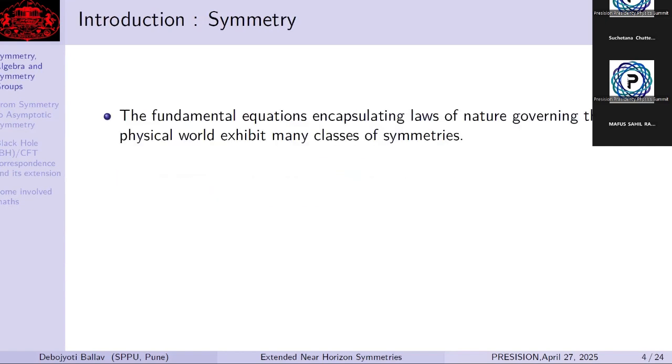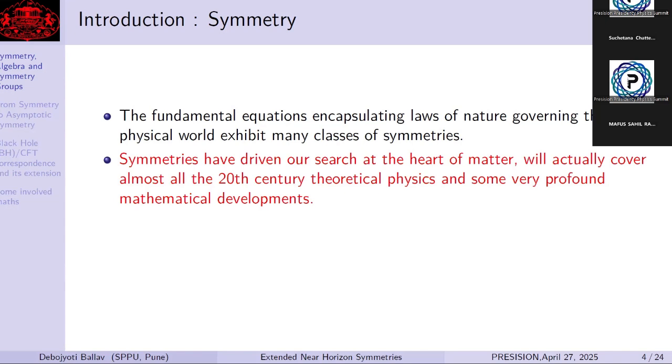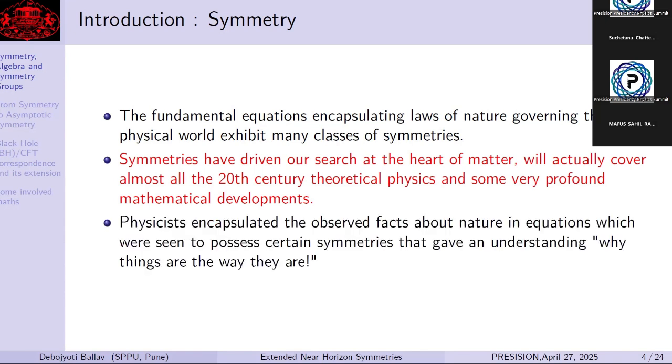The fundamental equations of nature encapsulating the different physics have many classes of symmetries, as we know, and that drove most of the 20th century theoretical research and has had very profound mathematical development and consequences in physics.